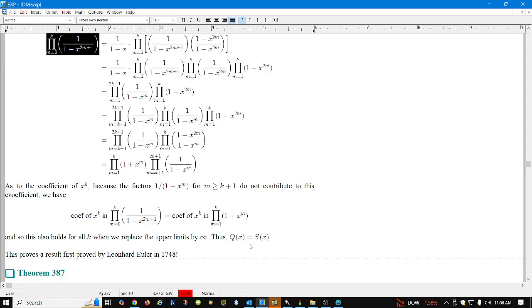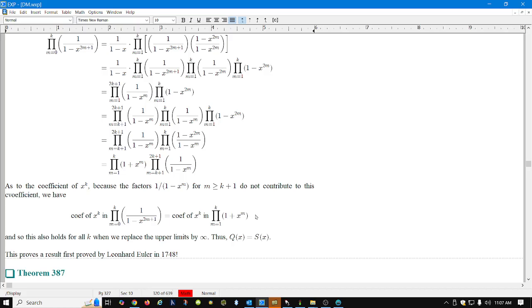Now that holds for all k, arbitrary k. We didn't specify k has to be restricted in any way. So I can replace this k by an infinity sign. And we have the infinite products. Their coefficients match. So the series are the same. The generating functions are the same.